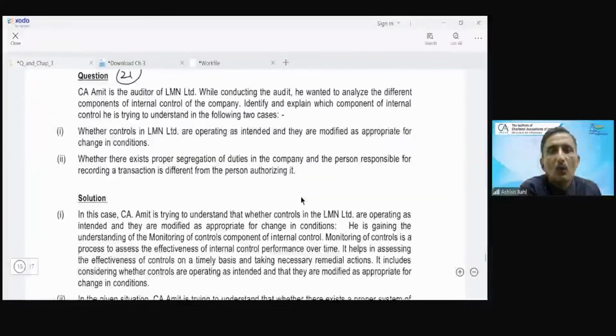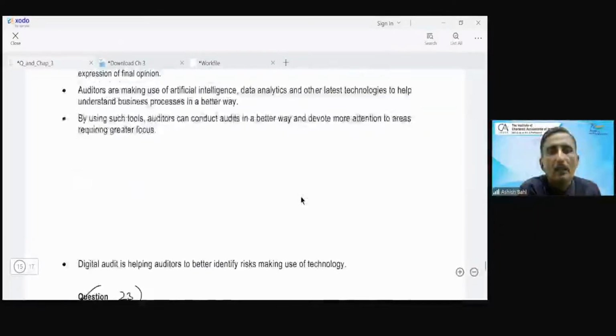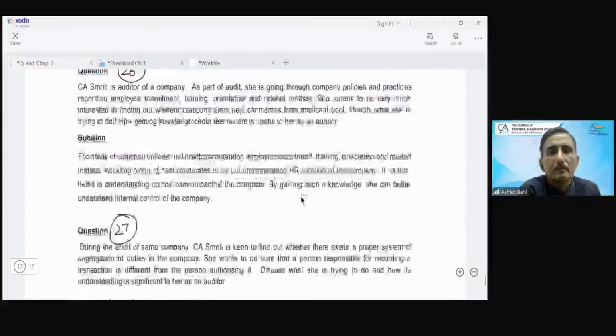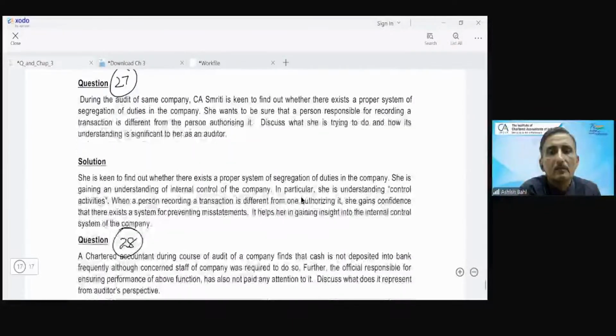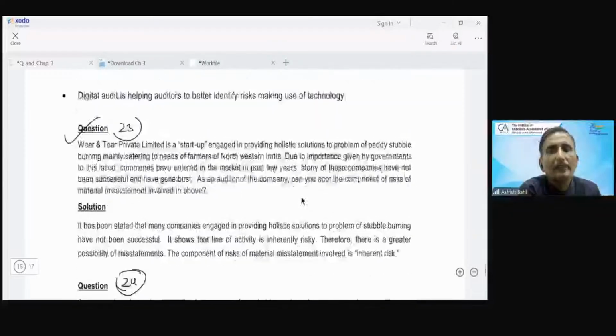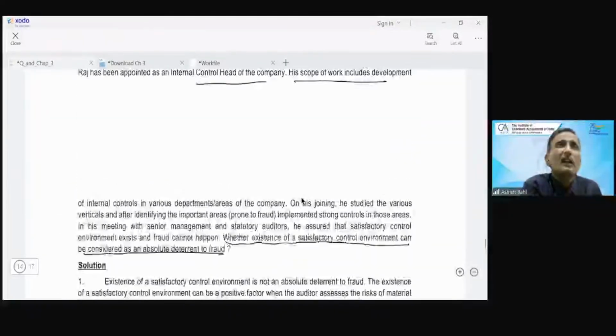There is one more question on internal control component. So students, you have also learnt about the methods of evaluation of internal control in this chapter.